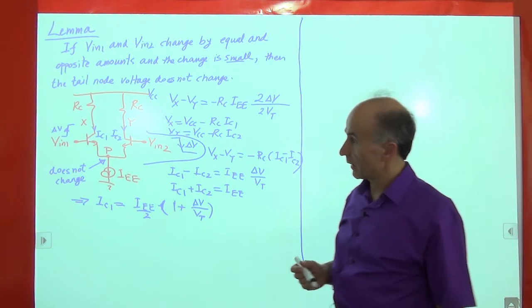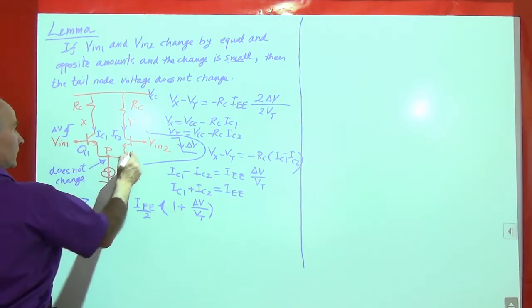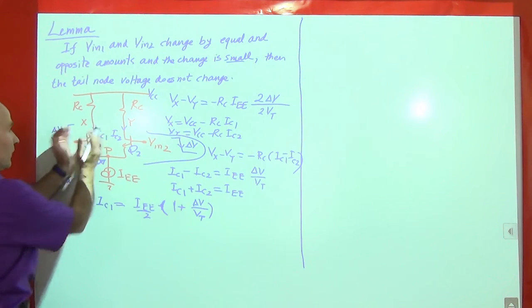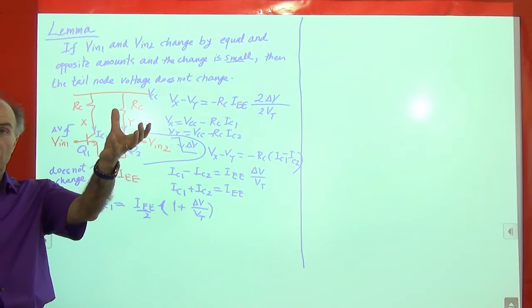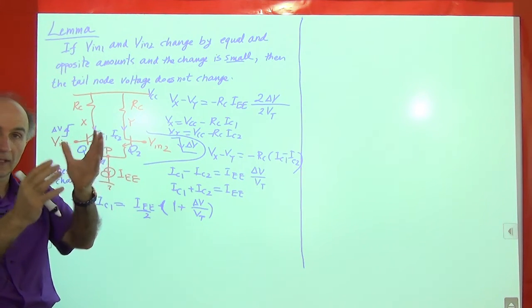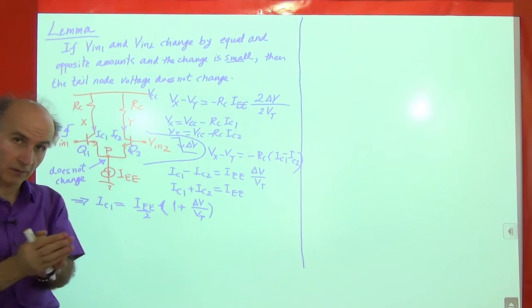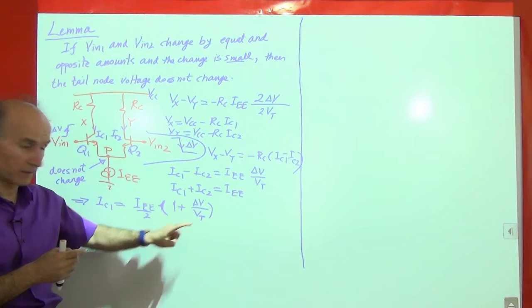All right, so now let's go and look at this transistor. So let's call it Q1, Q2. Let's focus on this transistor. I have a bipolar transistor, just isolated, right? It's right here. And it experienced a current change. The current change is given by IEE over 2 times delta V over Vt. Right?